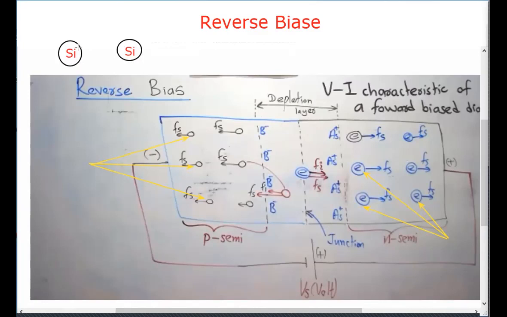These silicon atoms make bonds like this. Because of these bonds, it is possible to break this kind of bond.